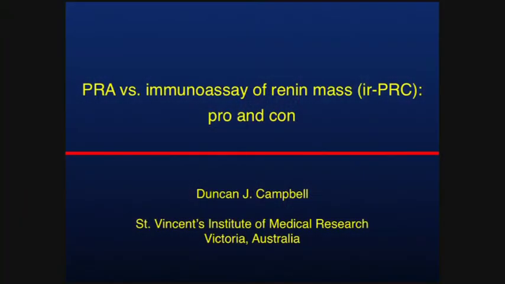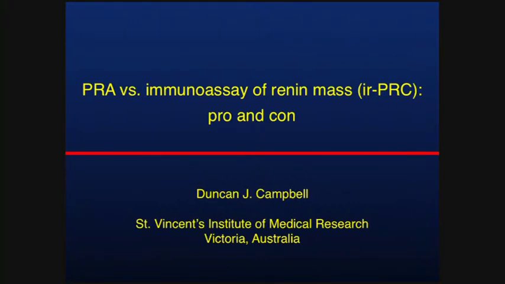Now, although in your program you may have seen that I'm discussing the plasma renin activity assay in comparison with the direct renin assay, rather than use the term direct renin, I've chosen to refer to it as most clinicians would understand it.